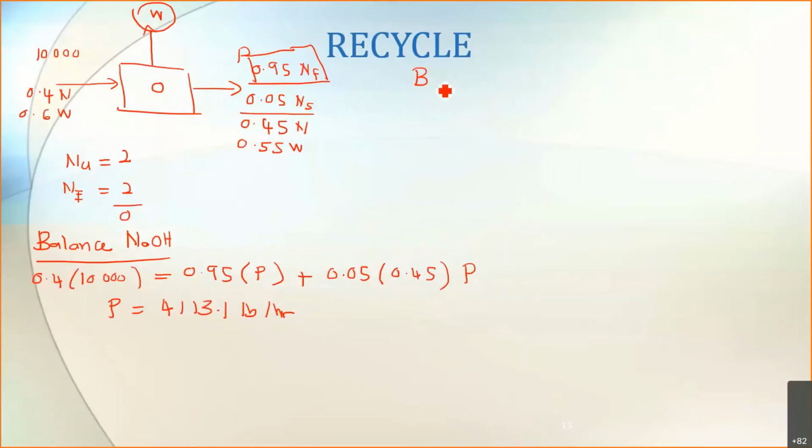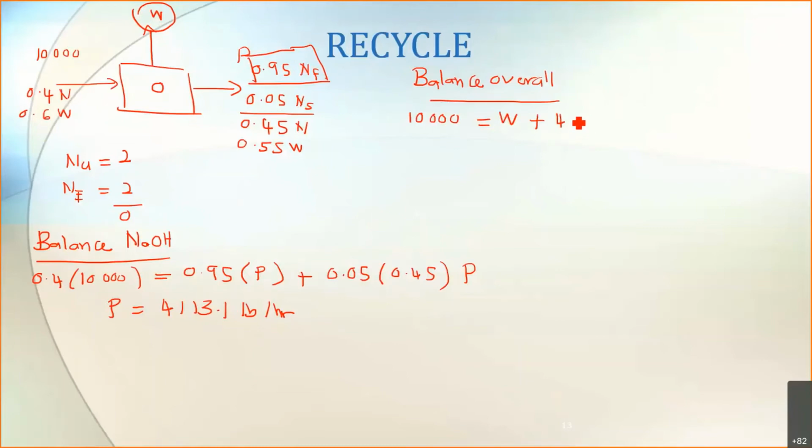So for balance overall system, I know that 10,000 on my input side is equal to W, which is on my output side, plus the value of P. Now the value of P I already got from this balance of NaOH. So I can easily find the value of W.